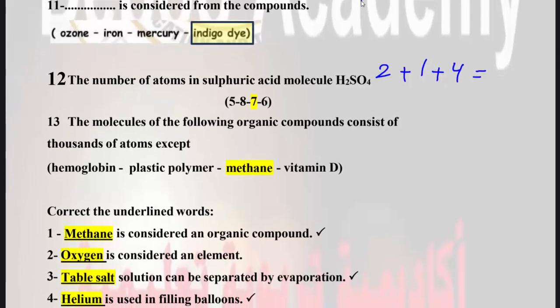Which molecule of the following organic compounds consists of thousands of atoms except methane CH4. Methane CH4 consists of 5 atoms.